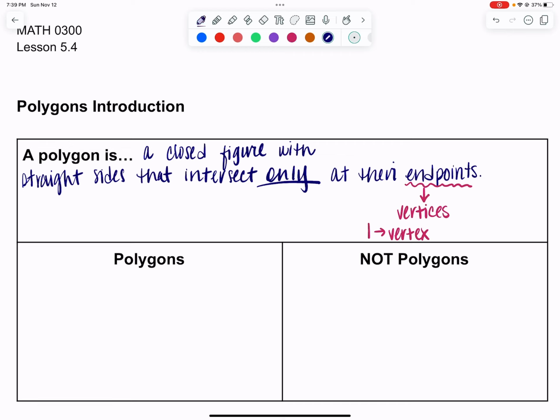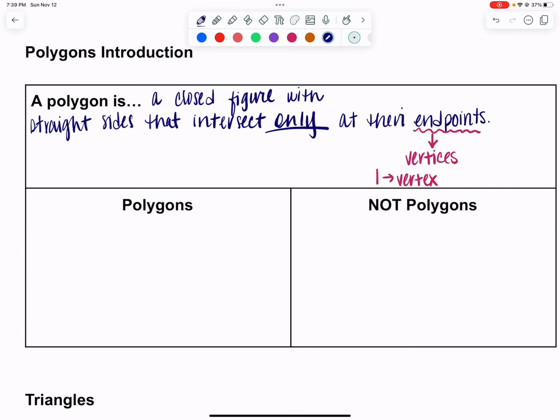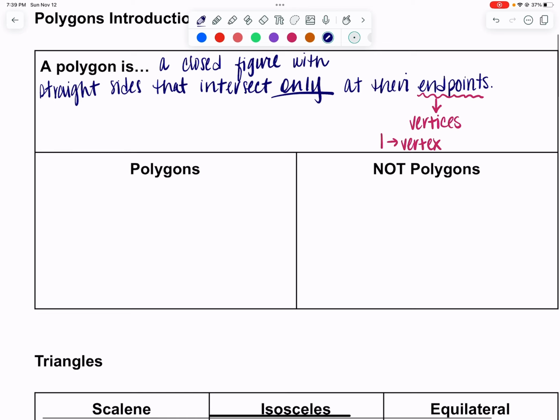Okay, so you guys know by now that I am really a stickler for examples and non-examples. So let's talk about some examples of what a polygon is and also what it's not. One of the things it says, it has to be a closed figure.